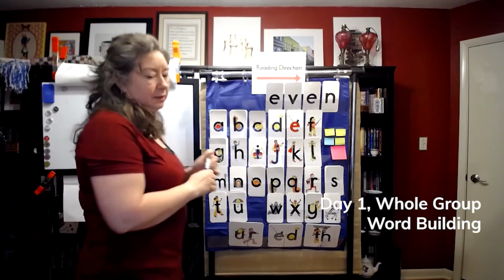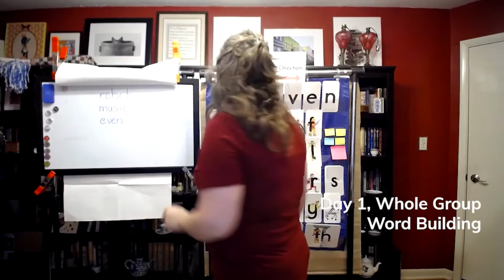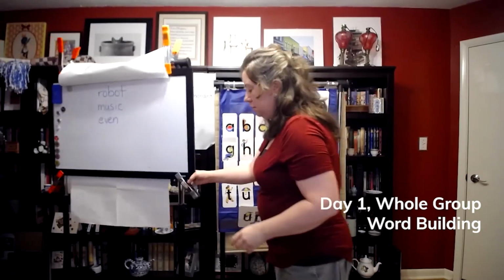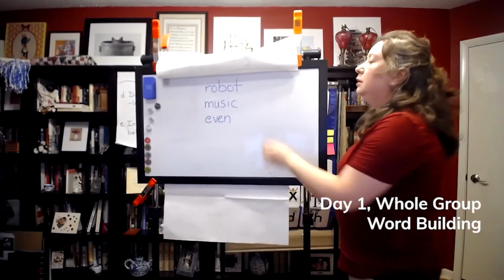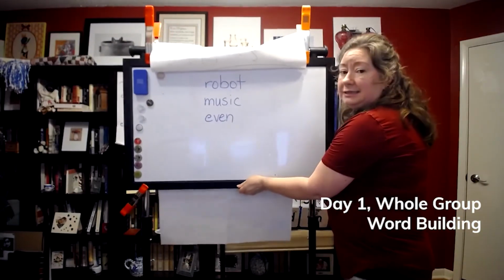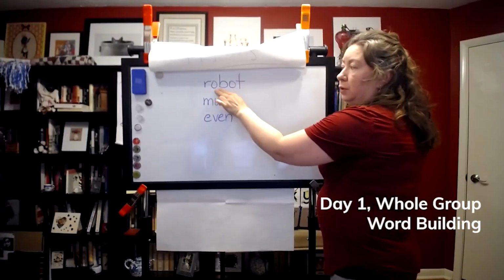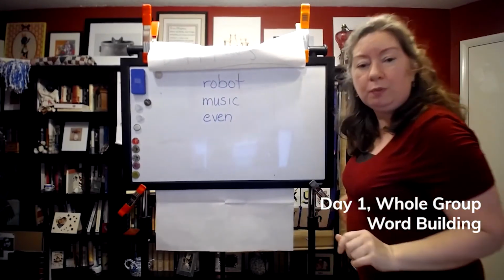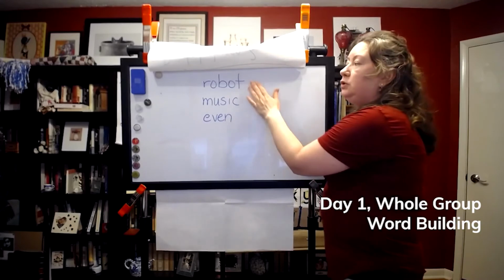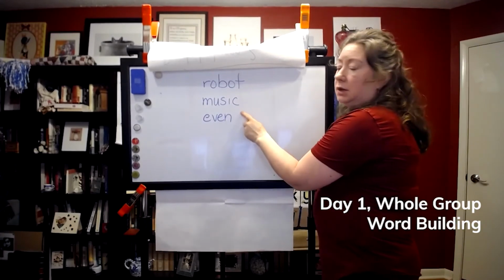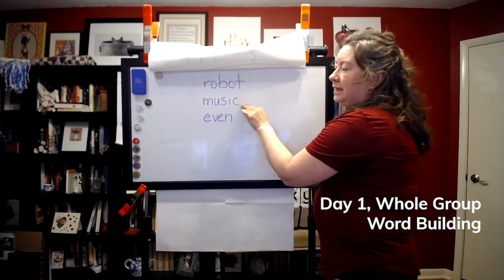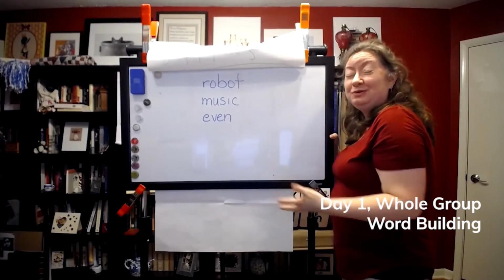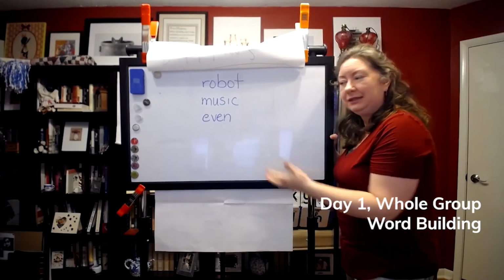All right, let's write the word even up here. Now let's look at the three words that we built. Our first word, let's say it by syllables, robot. Remember we said a robot was a machine that can help us do things. Look at our second word, music. There are all different types of music. Everyone has their favorite type to listen to.